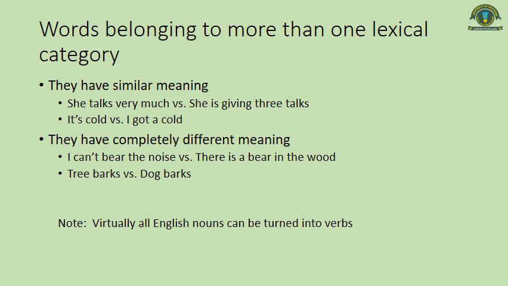Both bear are the same, but the meanings are different. And then tree barks versus the dog barks. In the first sentence, tree barks, that is a noun, whereas in the other sentence it is working as a verb. So virtually all English nouns can be turned into verbs.